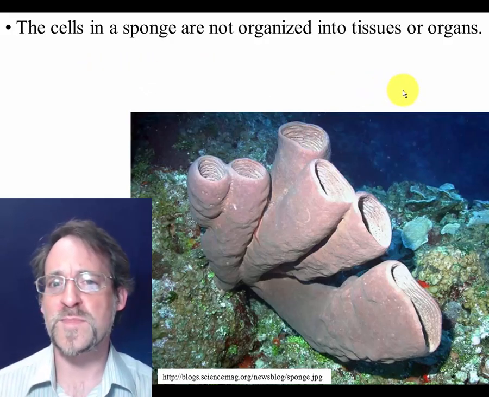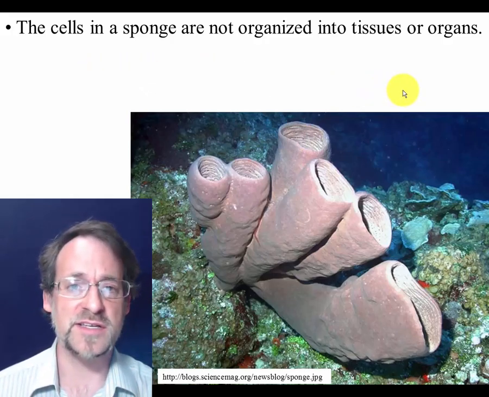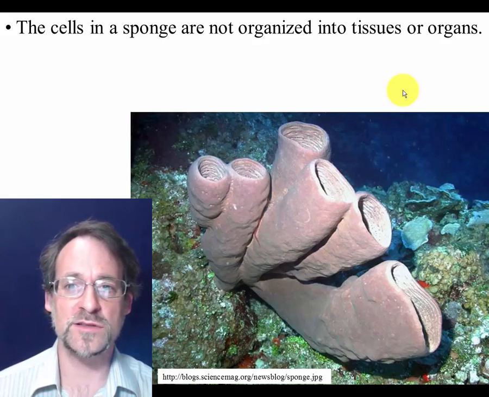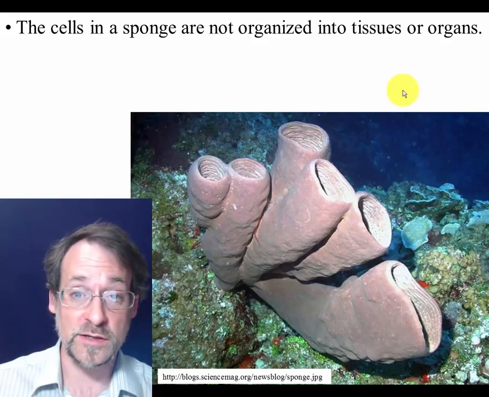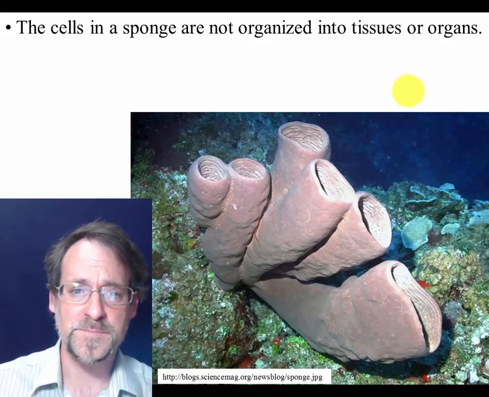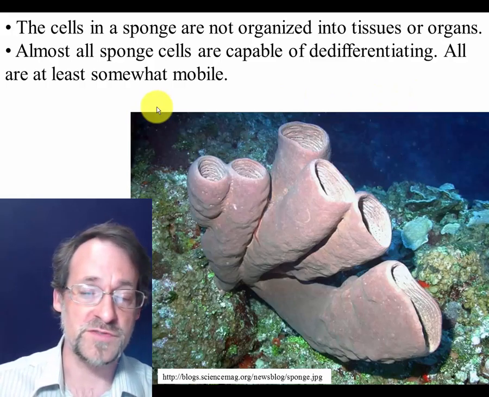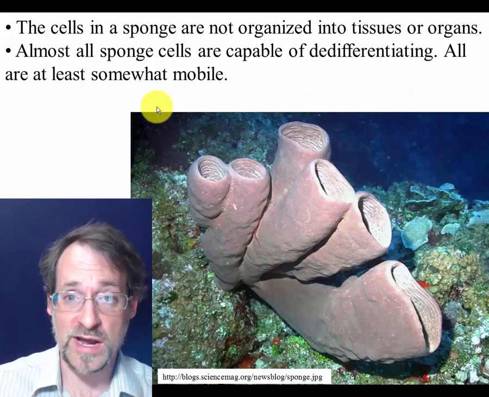I mentioned earlier that the sponge body is unusually disorganized. You don't find anything that looks like a tissue, or certainly not an organ, within the sponge body. And all of the cells are capable of switching roles if they feel like it, or moving around.